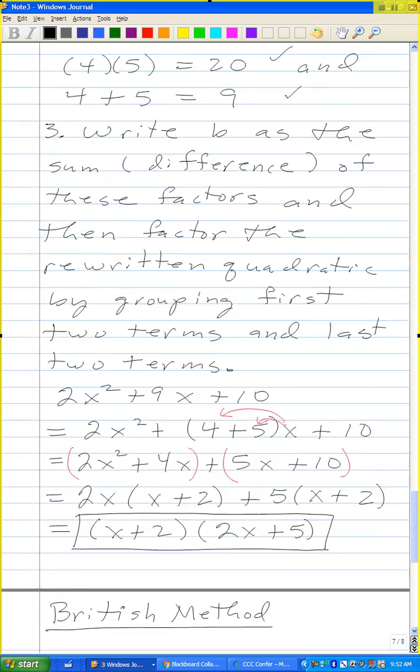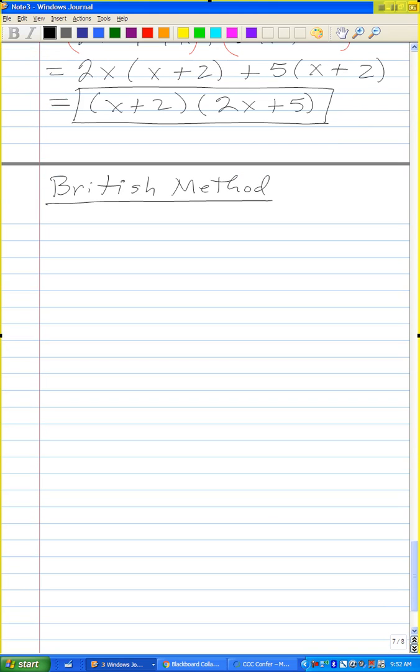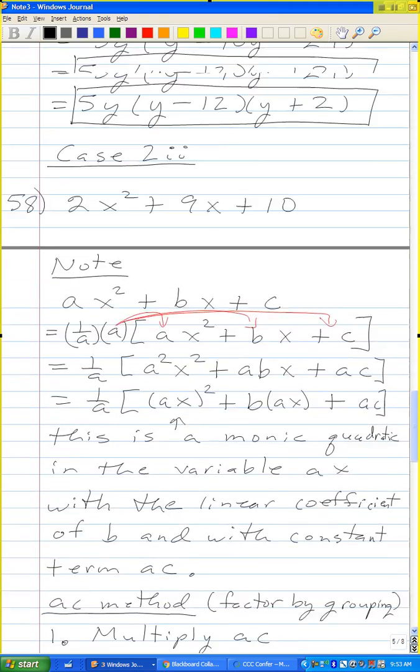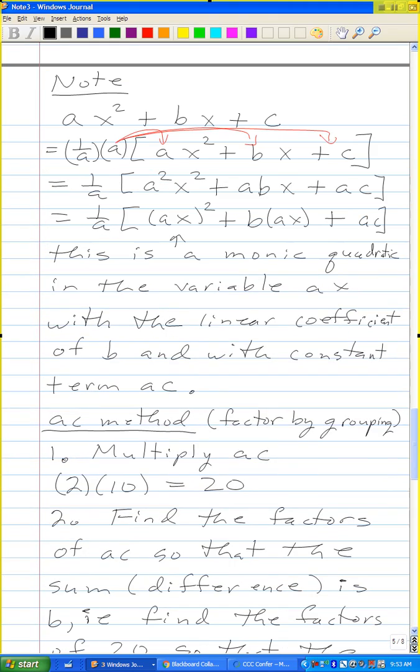Okay, so now the British method is just rewriting it using the above. And so let me factor this as if it were a monic polynomial in 2x. But since I've written 2 twice, I have to divide by 2. So that is that step here. So that's the fact that I've rewritten it this way.